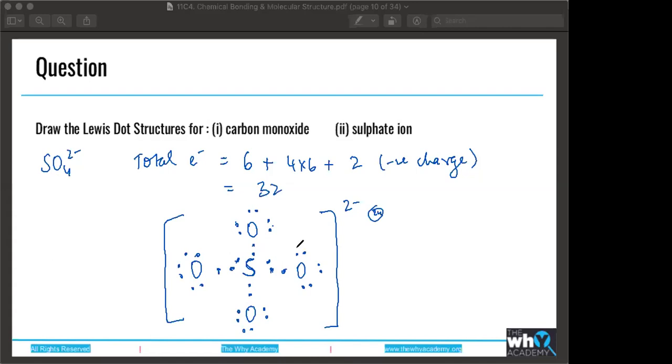We didn't have to raise that point. But in the case of sulfur, because it has 6 electrons, we need to start off with 6 electrons initially itself. So we have 1, 2, 3, 4, 5, 6 electrons. And assume that these electrons are also being shared with oxygen.